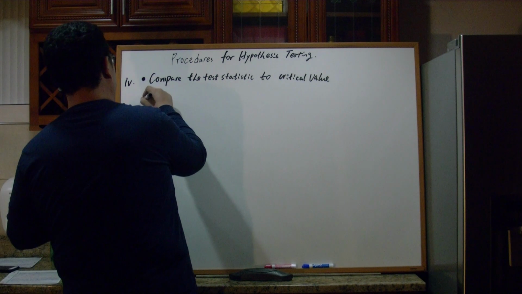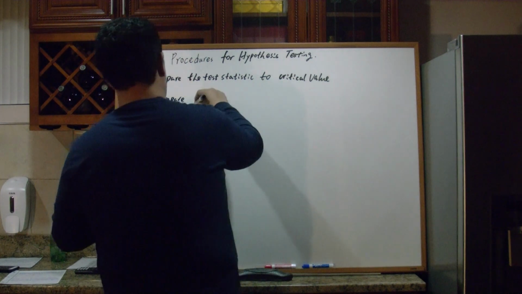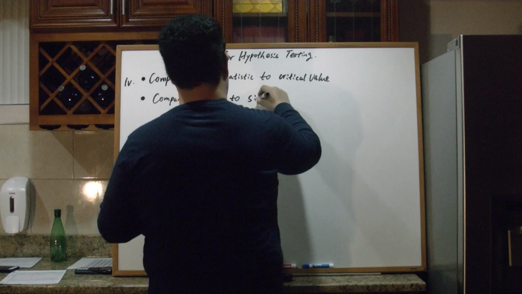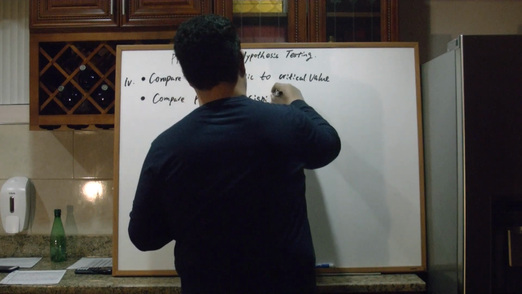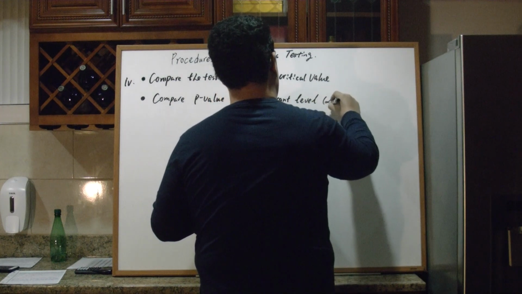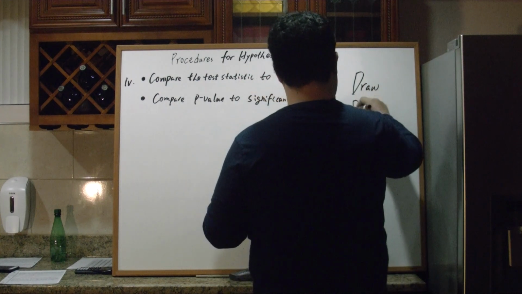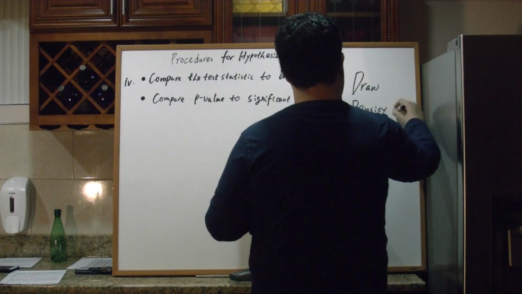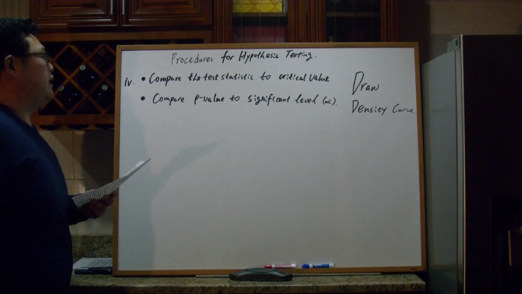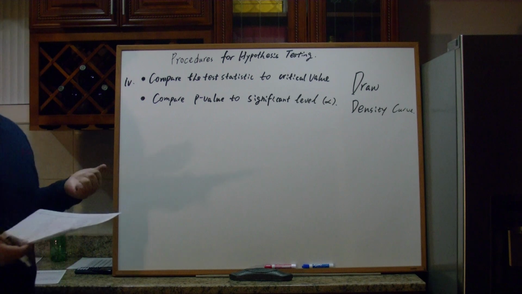Or if we use the p-value method, we need to compare the p-value to the significance level. For both of them we are required to draw the density curve. We are able to draw the t density, we are able to draw the z density to make sure what we are doing.